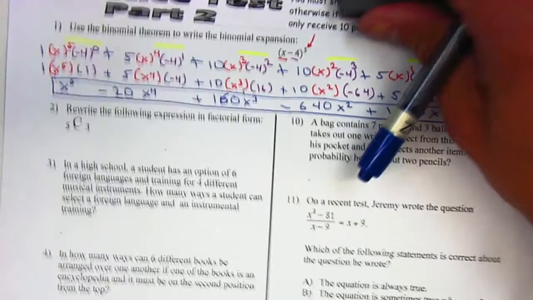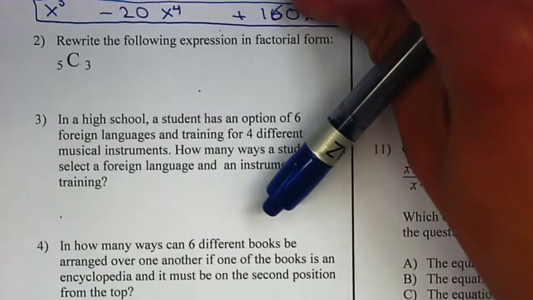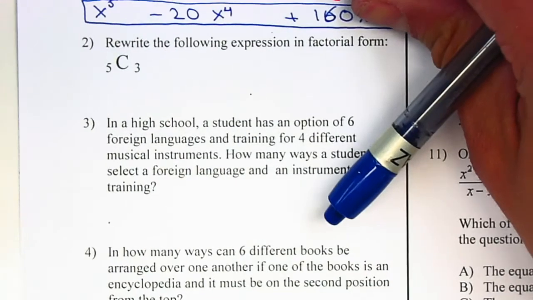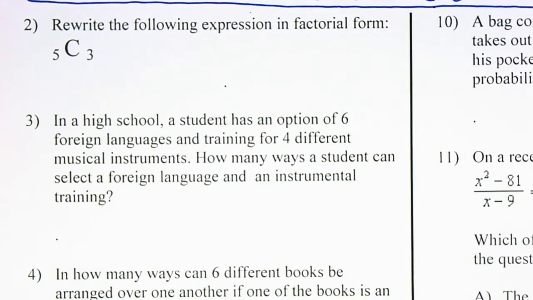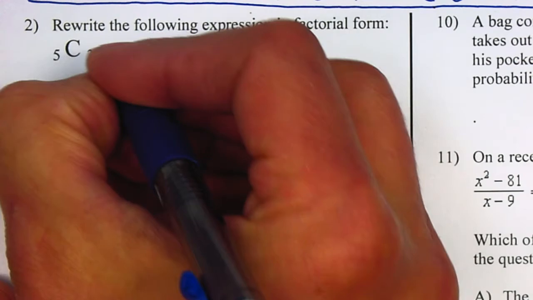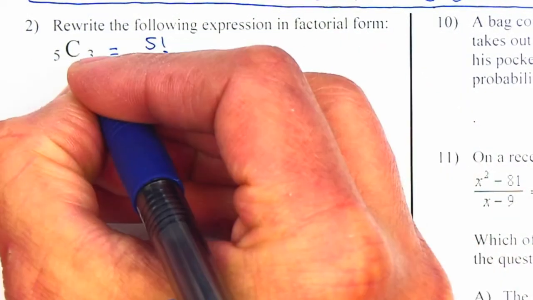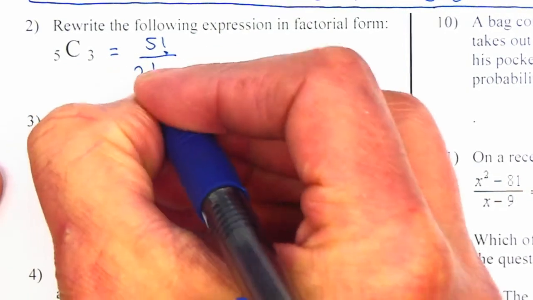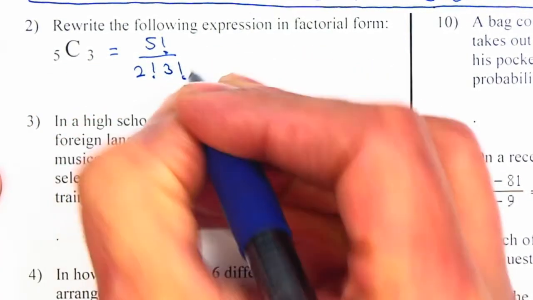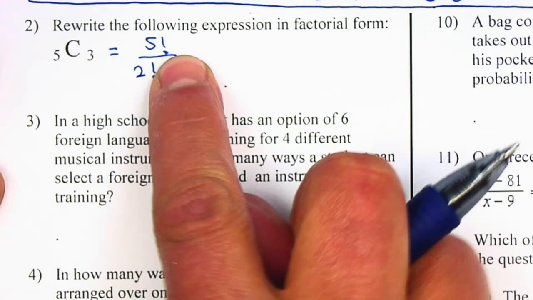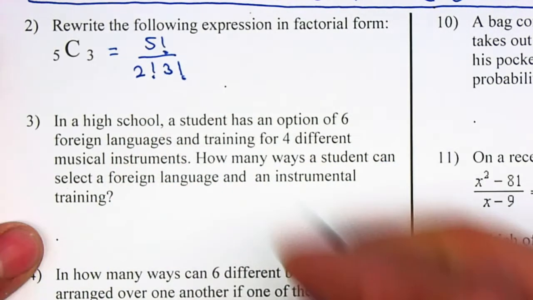Now let's continue with problem number 2. It says rewrite the following expression in factorial form. So you want to rewrite it as 5 factorial over 5 minus 3, which is 2 factorial, and then multiply by the 3 factorial. Some of you are forgetting to add the 3 factorial here.